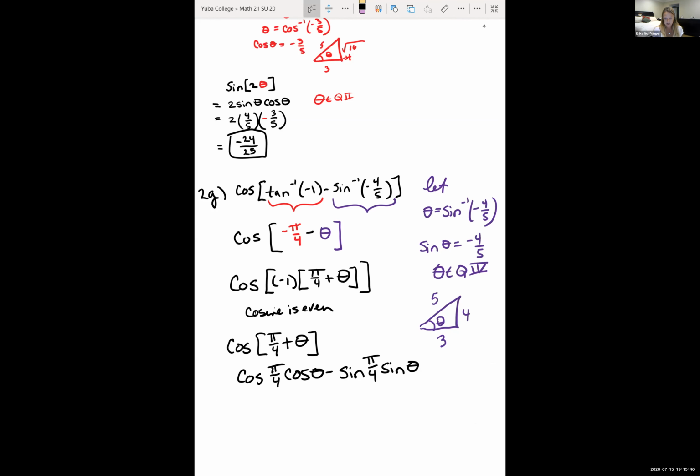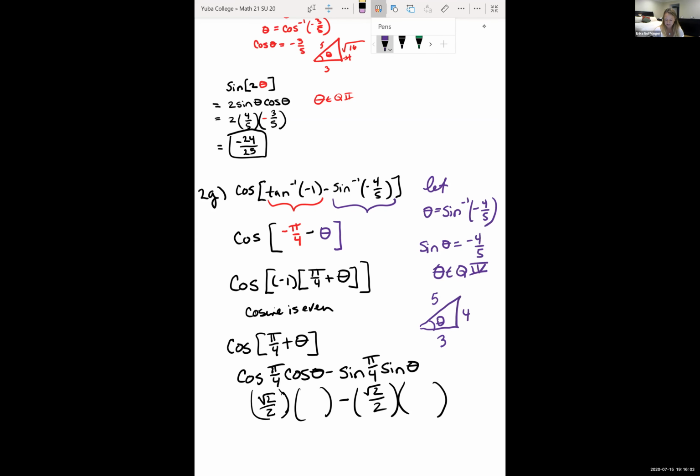And so now evaluate this. Cosine of pi/4 is √2/2. Cosine of theta, we can use our triangle. Minus sine of pi/4 is √2/2. And again, we can evaluate sine of theta with our triangle.